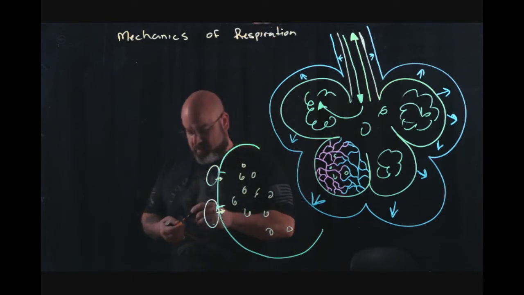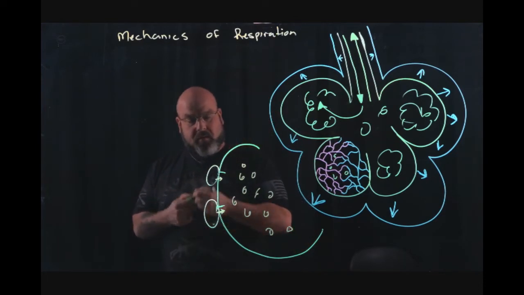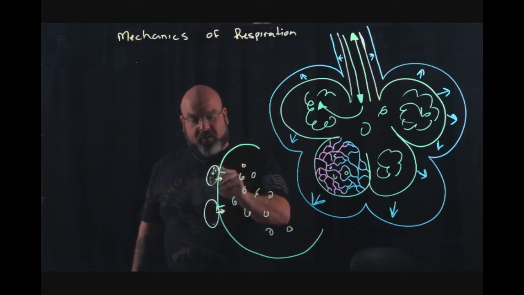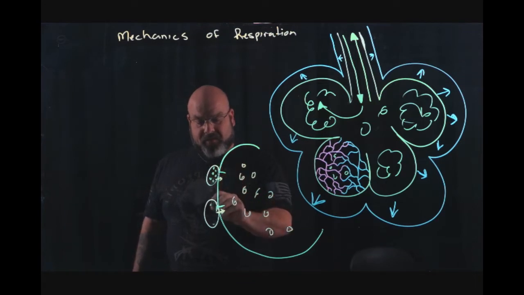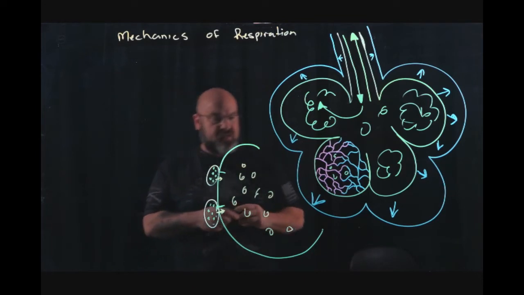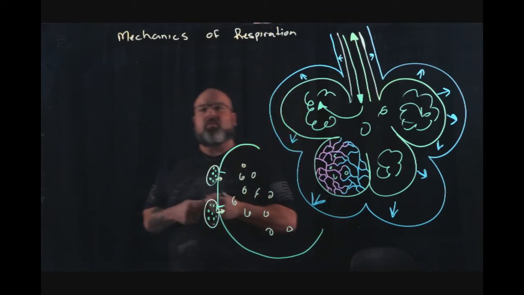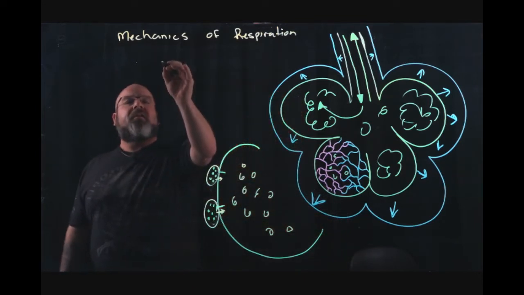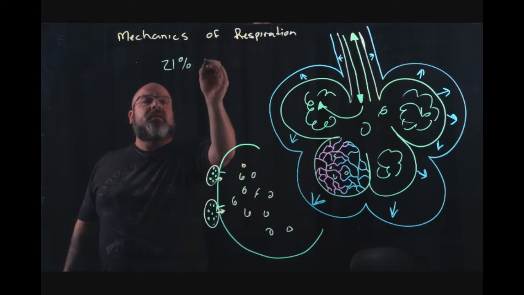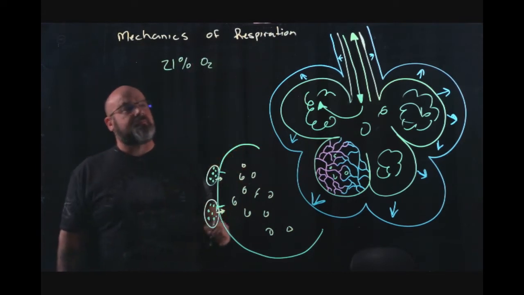CO2, more oxygen. Now take that tongue-in-cheek, because we know that we're not going to use all the oxygen that goes in, because we are breathing. Atmospheric air is 21% oxygen.